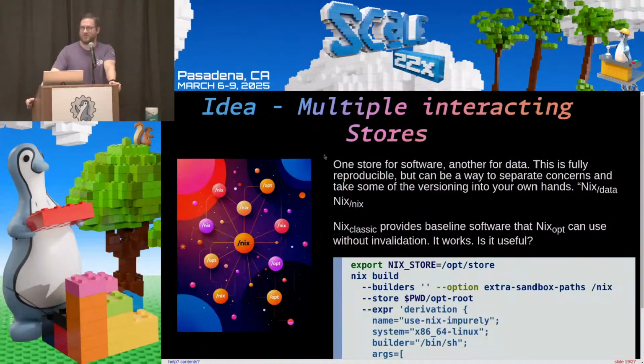So it's like bringing in or exposing different stores to each other. The thing that you had mentioned was, what if you had multiple stores that can talk to each other? I think that's a bit more complex, and I don't know of a use case off the top of my head, but it could be useful for someone, I guess.